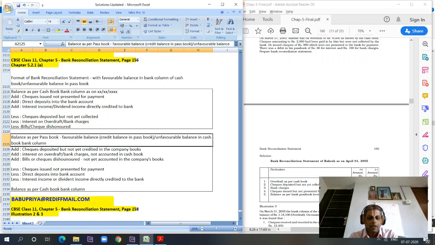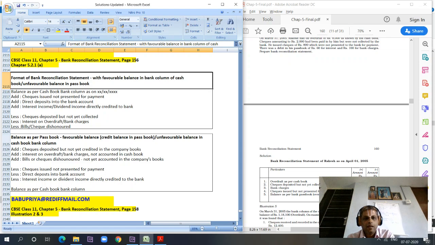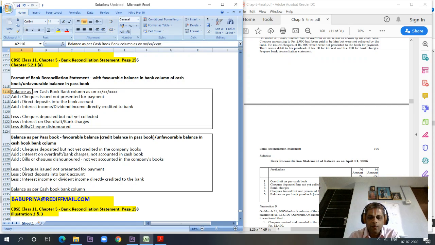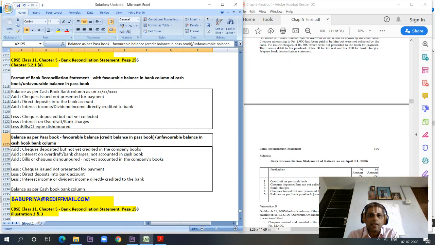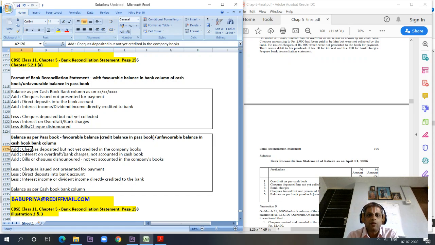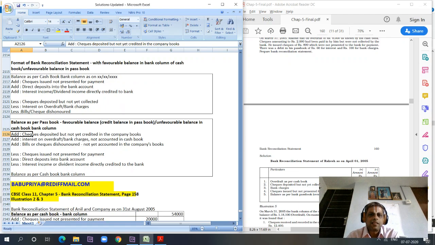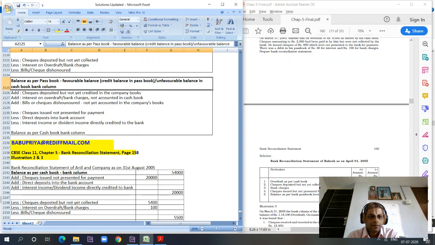Balance as per passbook: we start with favorable balance in cash book bank column and unfavorable balance in passbook. This is the treatment you have to make. And in case of passbook favorable balance and unfavorable balance in cash book bank column, this is the treatment you have to make. Once you understand the concept, this is how the treatment should be.